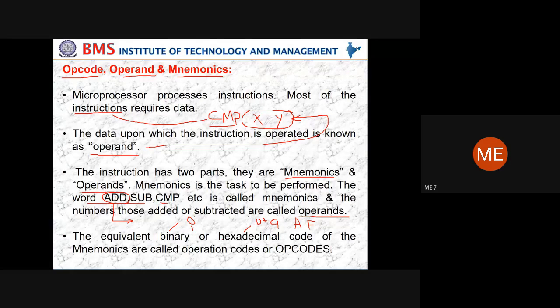The equivalent binary or hexadecimal code of the mnemonics is called the operation code, or opcode.